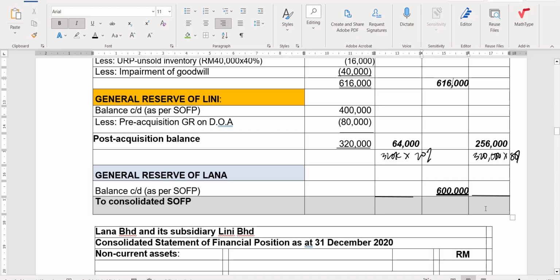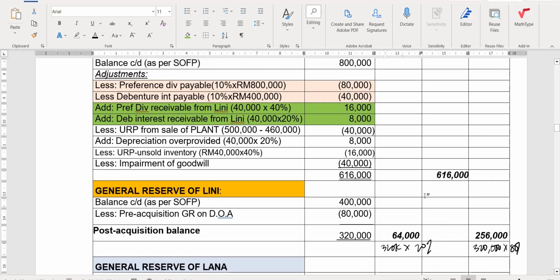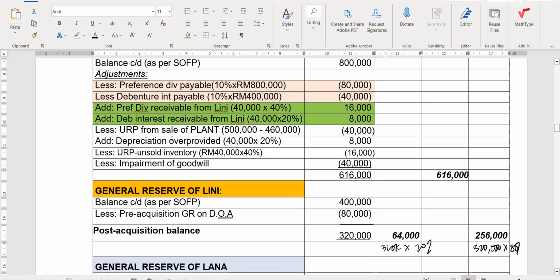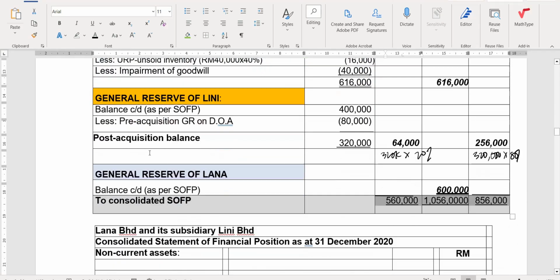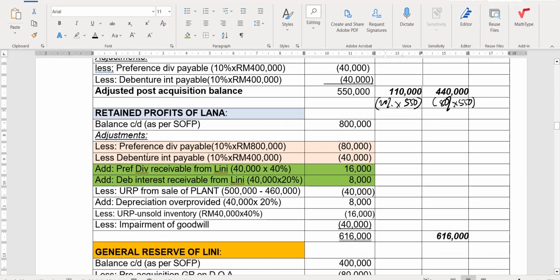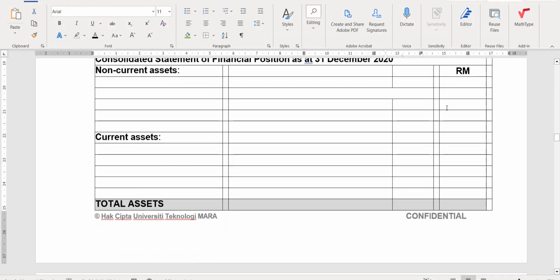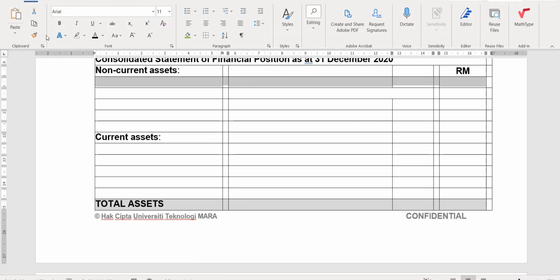And now you can find out the total for the three columns that you have, 560. This is how you get them. You have to do the adjustment first, then we can go and do the last part here at the bottom. So we can now do the adjustment for the addition of the assets and liabilities.